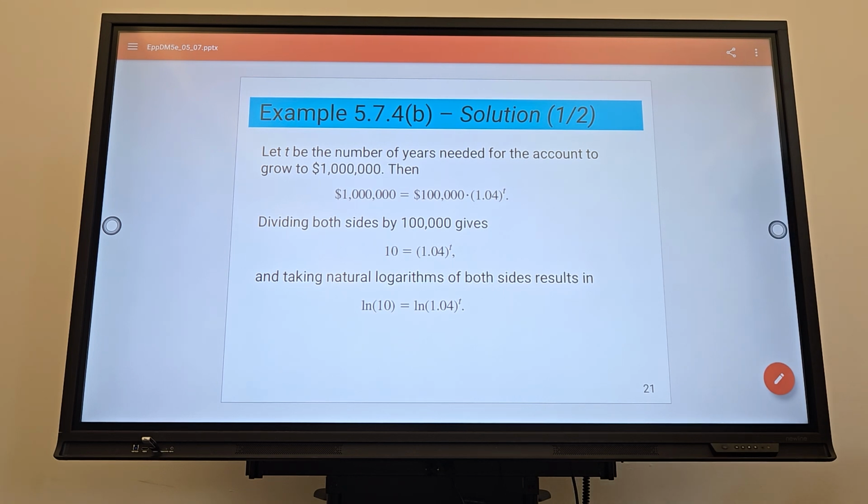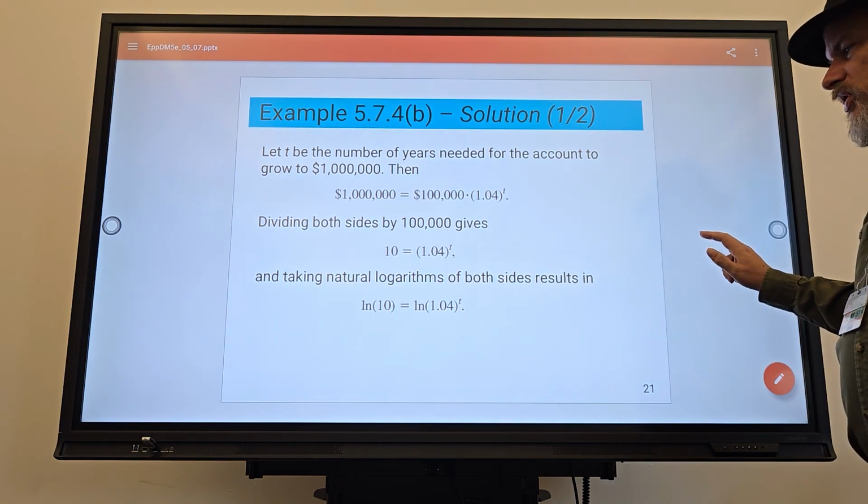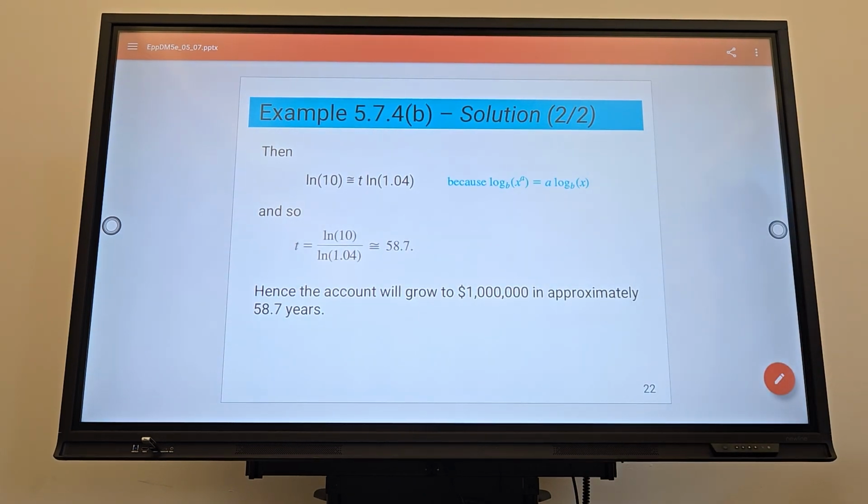And taking the natural logarithm of both sides results in natural log 10 equals natural log 1.04 to the t, and with a little algebraic magic, log 10 equals t times log 1.04, so t equals log 10 over log 1.04, which equals 58.7.